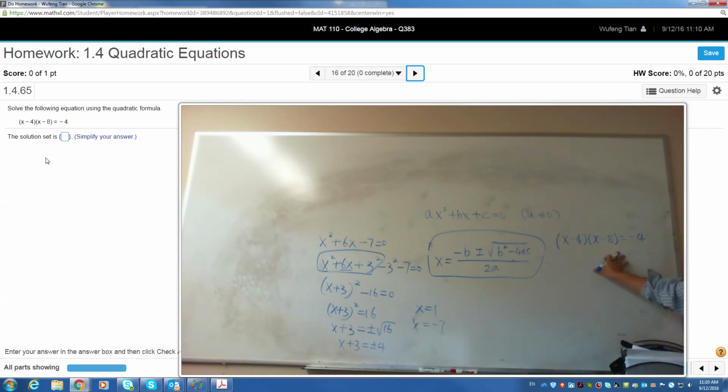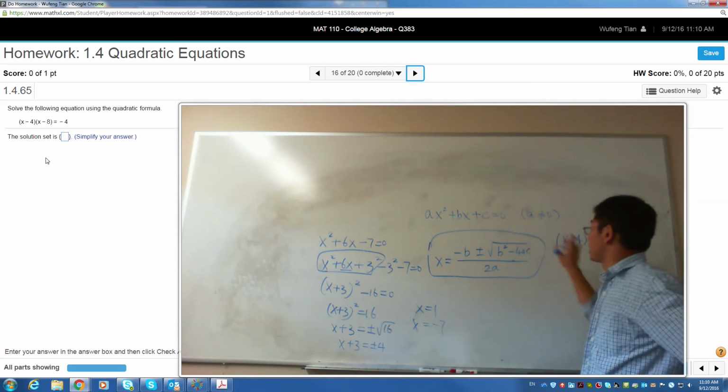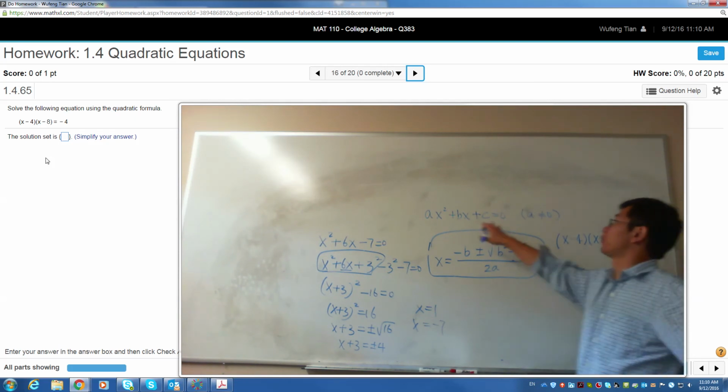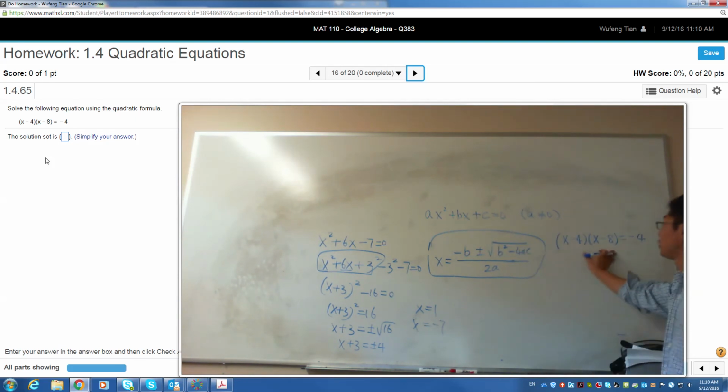It is a quadratic equation because we have a square, but it's not in standard form. I need to change this into standard form. First, there is a negative 4 on the right-hand side. I don't want that, so I need to shift it to the left side. Then there is a product here, not a polynomial form, not adding together. It's multiplication of two factors, so I need to multiply them out.